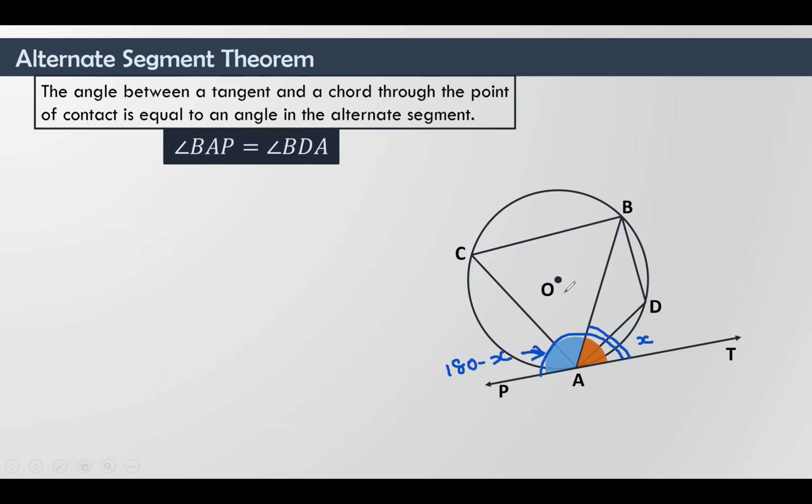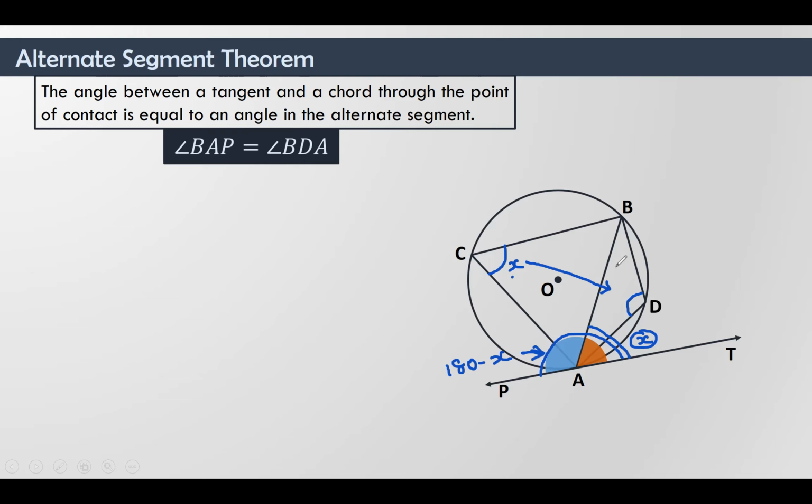And if you see inside the circle, as per our previous proof, angle BCA will be equal to x, that is this angle in the alternate segment, and angle D is the opposite angle of a cyclic quadrilateral. And we know from our previous theorems that opposite angles of a cyclic quadrilateral are supplementary.